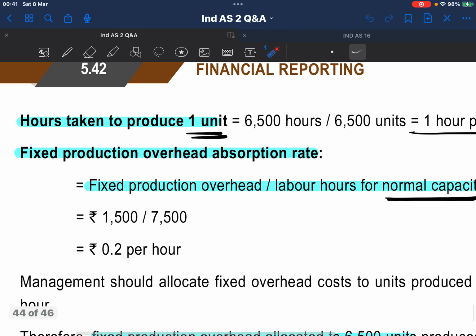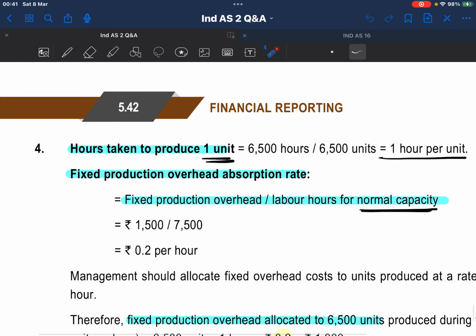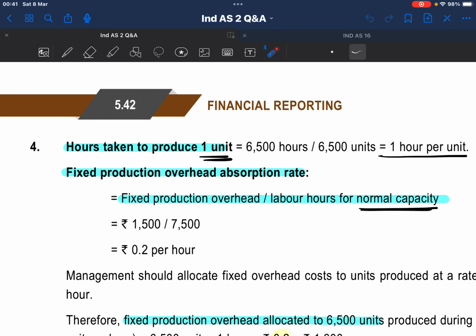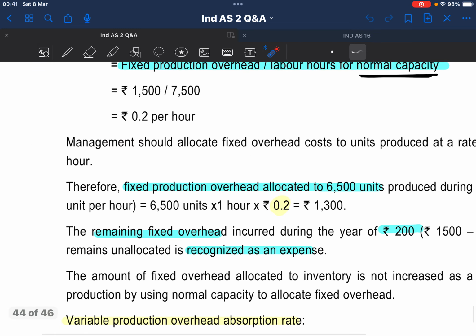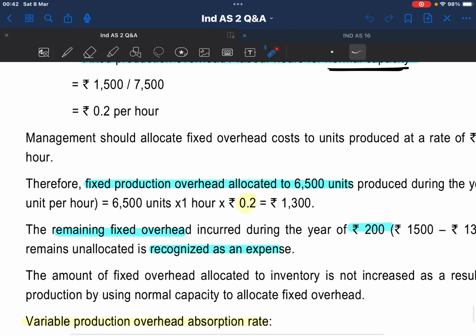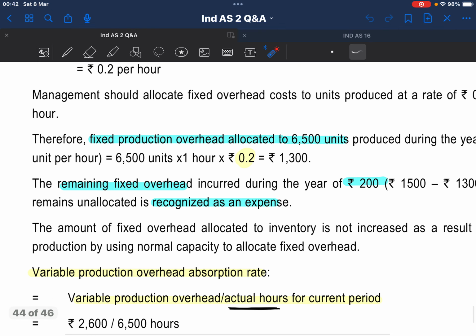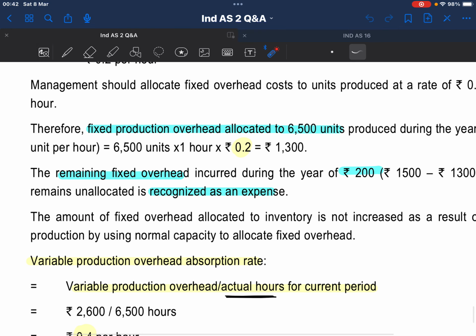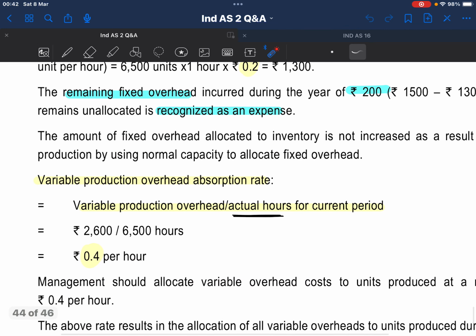Fixed production overheads absorption rate: fixed production overheads divided by labor hours for normal capacity, which gives 1,500 divided by 7,500, which is 0.2 per hour. Fixed production overhead allocated to 6,500 units is 6,500 into 1 hour into 0.2 rupees, which gives 1,300. 1,500 minus 1,300, the balance 200 has to be recognized as an expense.